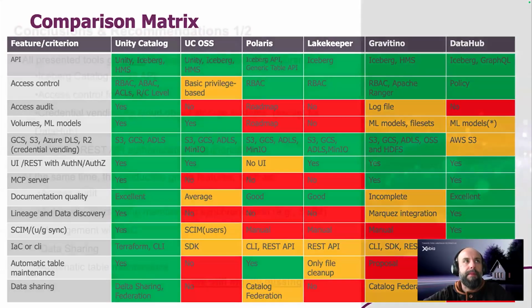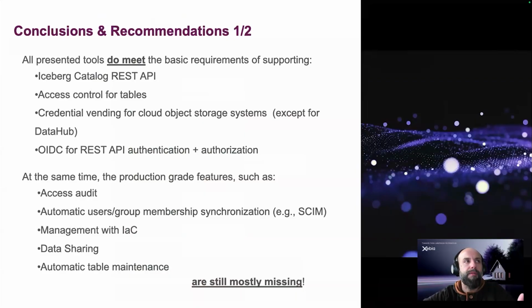So our conclusion and recommendation would be, as I already started to discuss: if you are in need of a really basic technical catalog with table metadata support, compatible with the Iceberg data catalog, access control for tables, credential vending, and of course authentication and authorization for the services, the REST APIs and UI, this is mostly there.